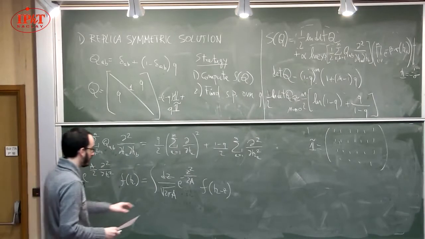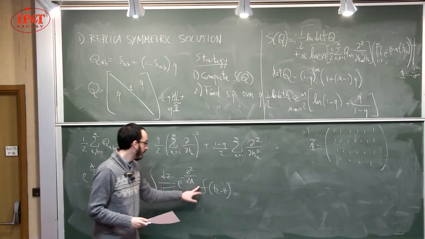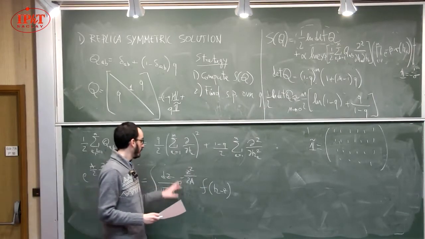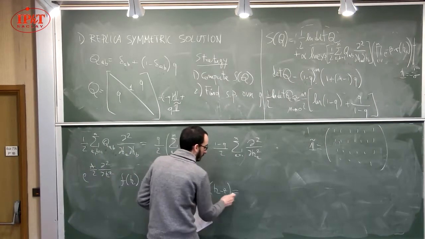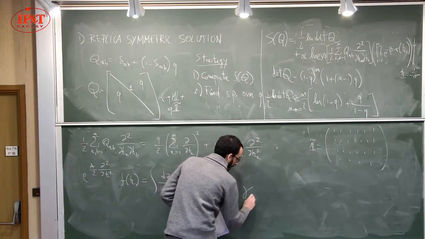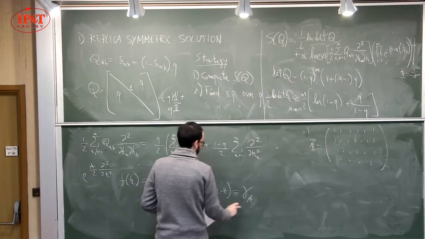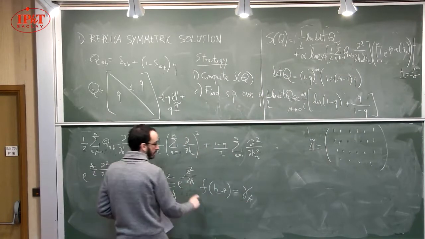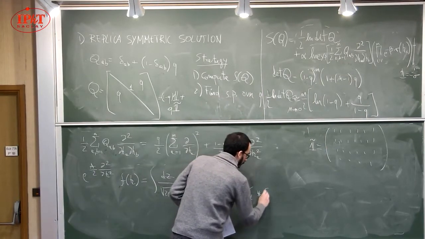So it's just a convolution of a function f with a Gaussian. Okay, so I will denote it like this. This is a Gaussian with A here, convoluted with f.